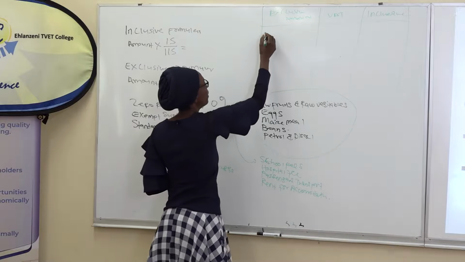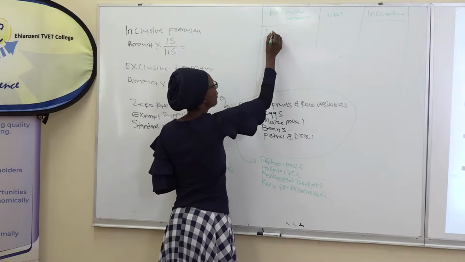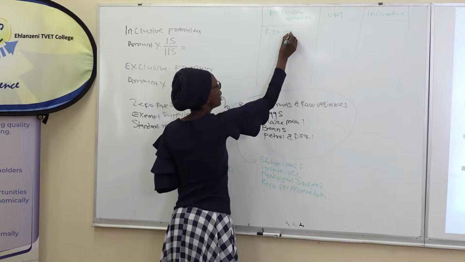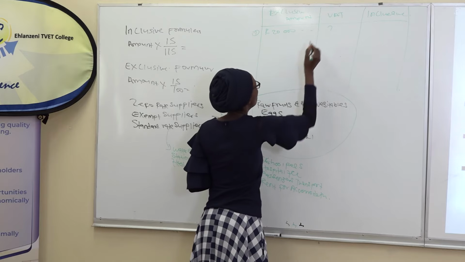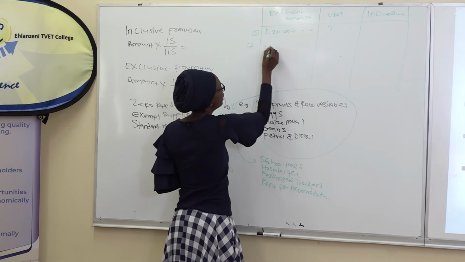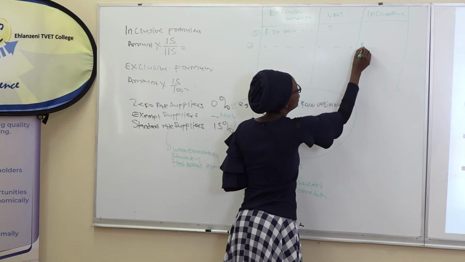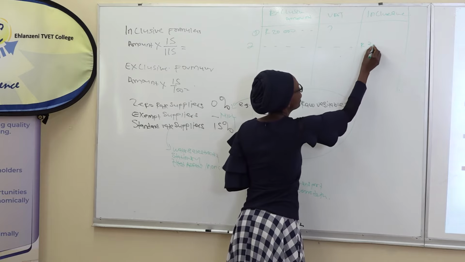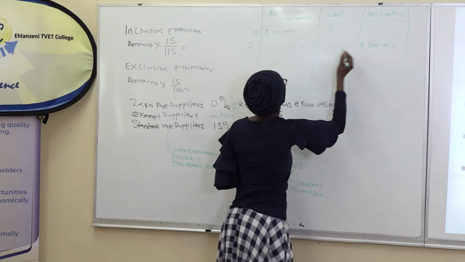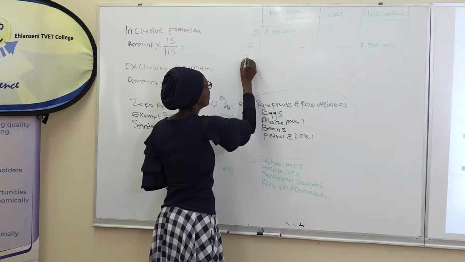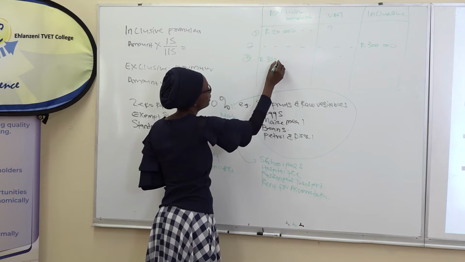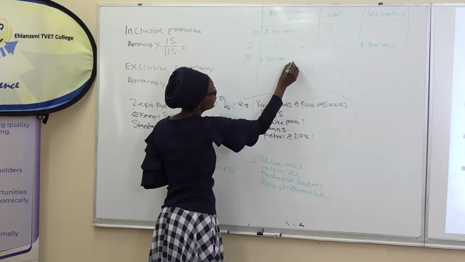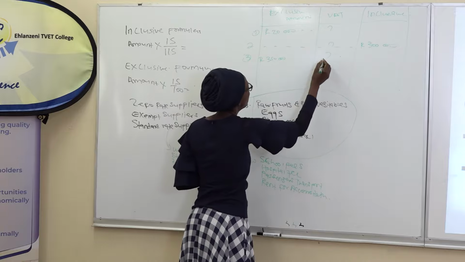Once they put the amount here, let's take for instance here we have got 20,000 rand. This is number 1. You have to calculate VAT. Number 2, we've got 300,000 rand. Number 3, we've got 350,000. We have to calculate the VAT there.